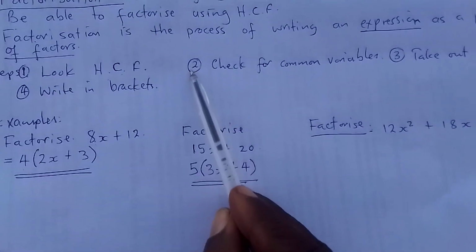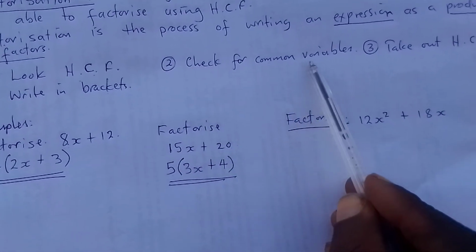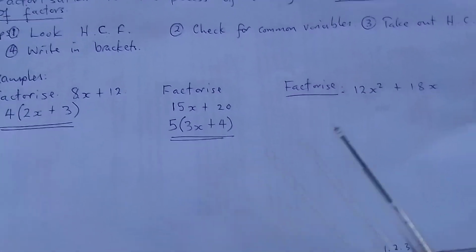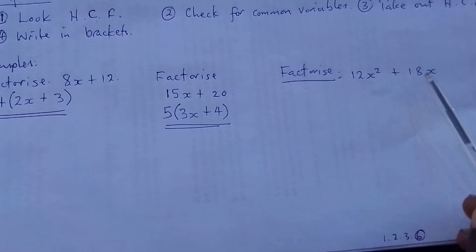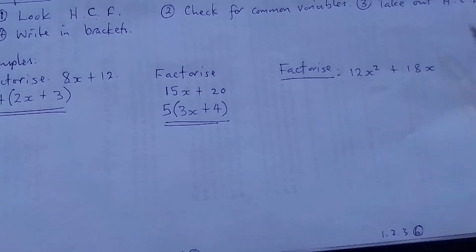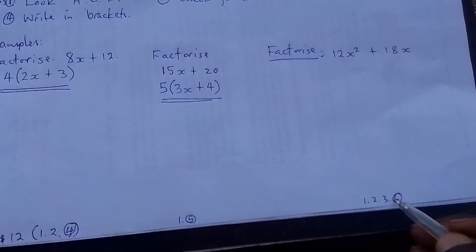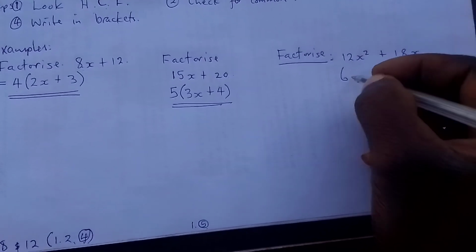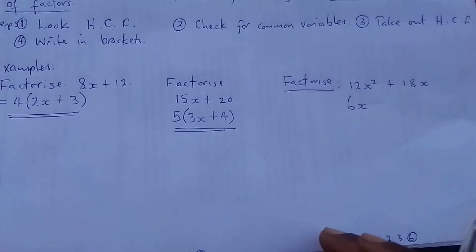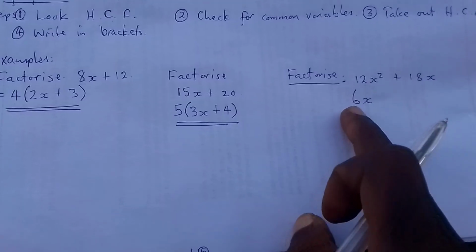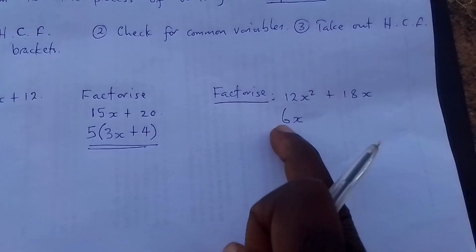Nekuti step number 2 inoti check for common variables. Saka x is a common variable. Anditika? Namba yedu 6 uyu akunonzi 6x. This is our highest common factor.